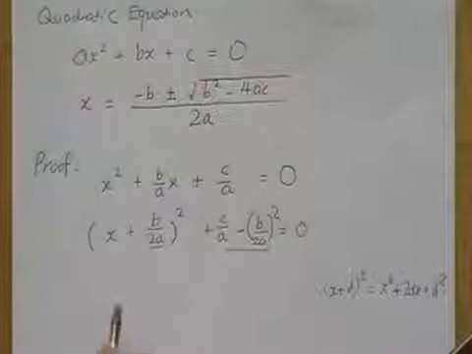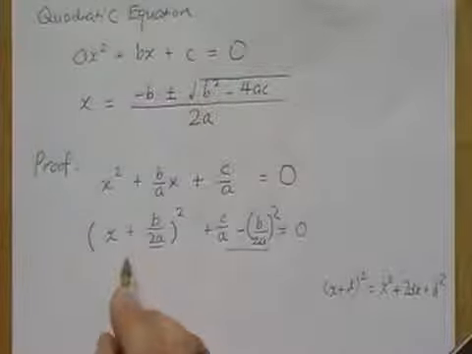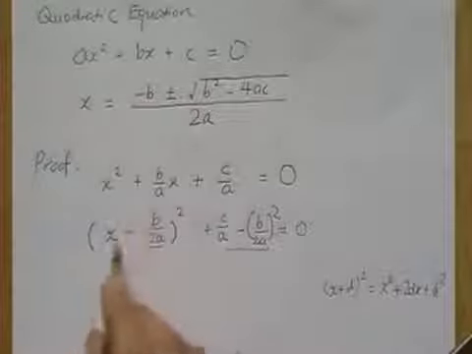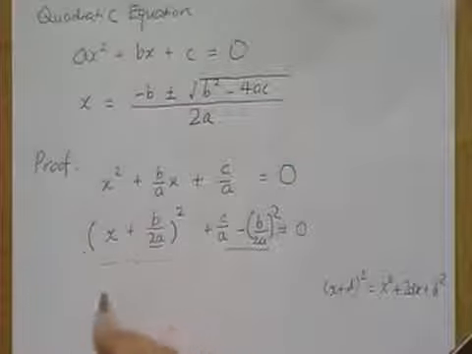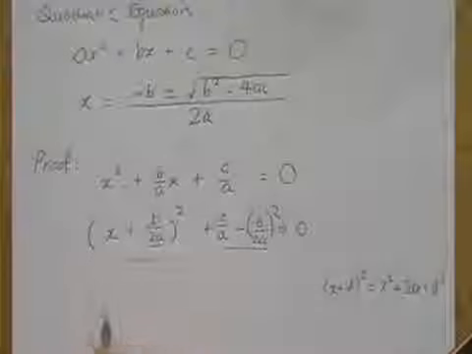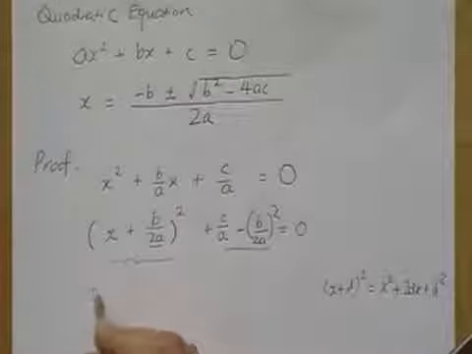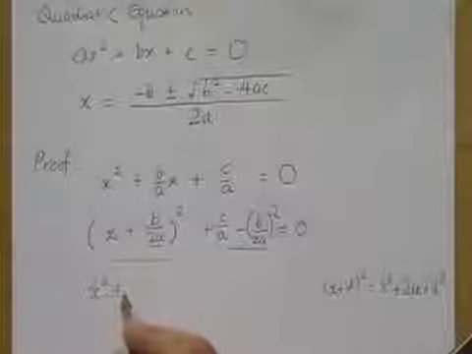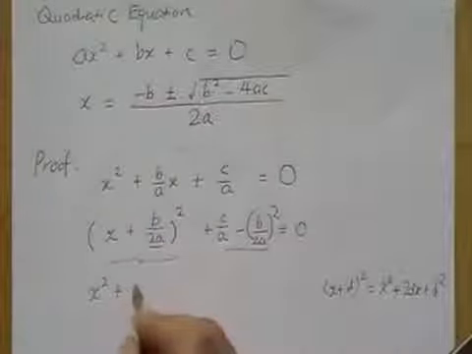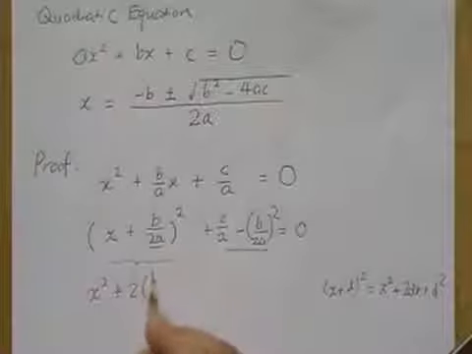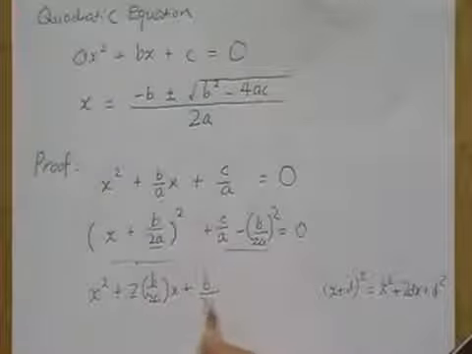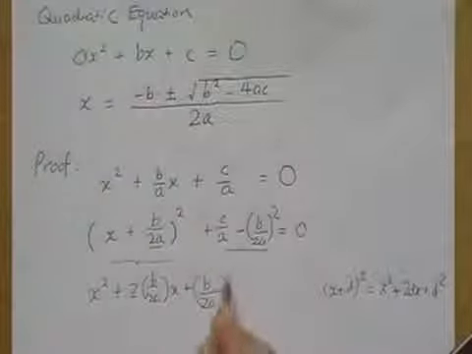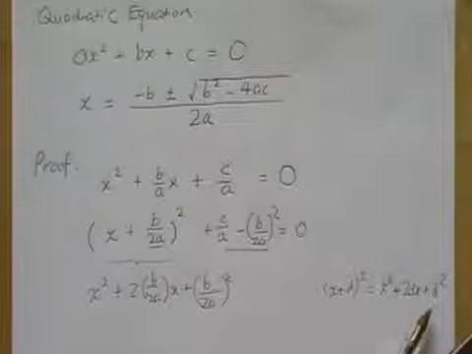Now, just so that we are quite clear about what's going on here, let me expand this to show you what I meant just now. If I just expand this part, it would actually be x squared plus 2 times this times x plus b over 2a, that thing, squared, using that formula.